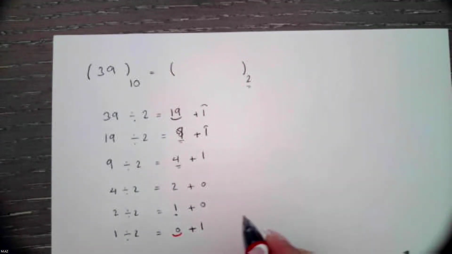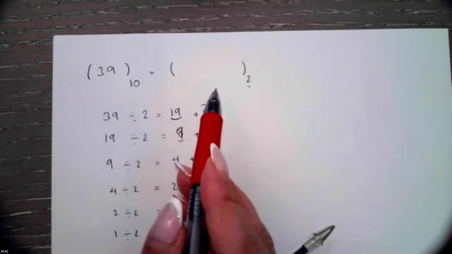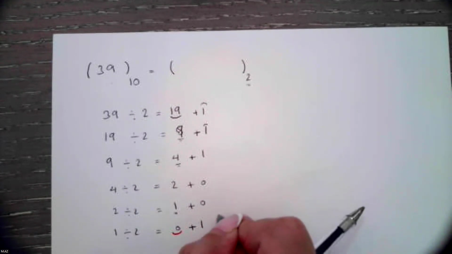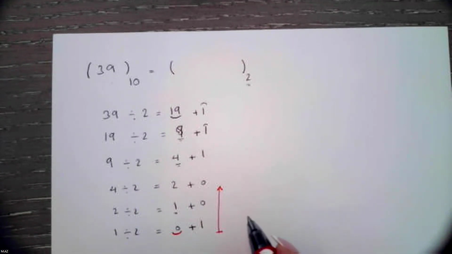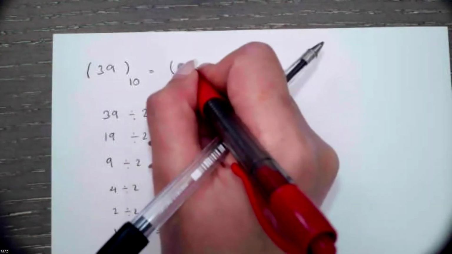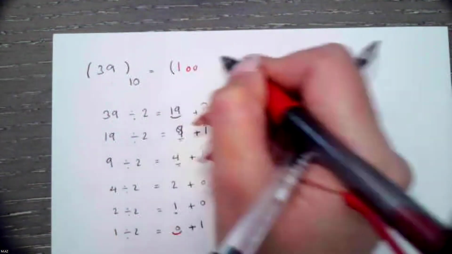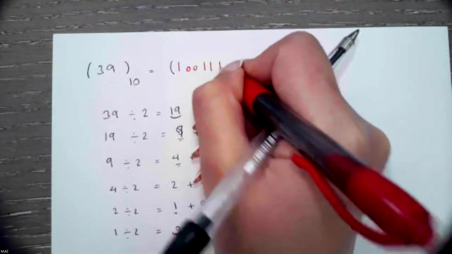it means we have to stop continuing this division. Now we can convert this decimal number to binary by reading and writing the remainders from bottom to top. For this reason, the binary of 39 will be 1, 0, 0, 1, 1, 1.